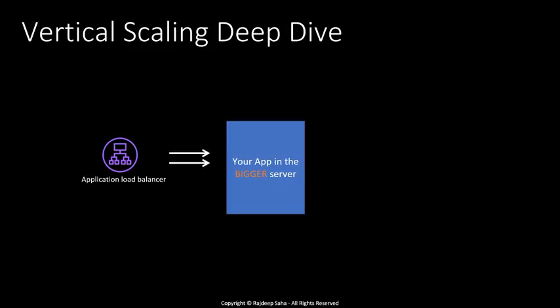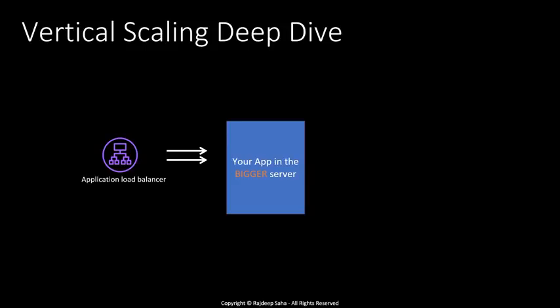Now let's say traffic reduces. Your application is still running in this bigger server. So the CPU utilization is low, but since you are still running in this bigger server, you will have to pay the price of the bigger server.